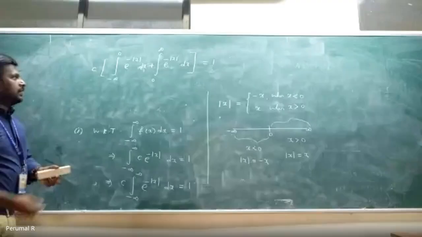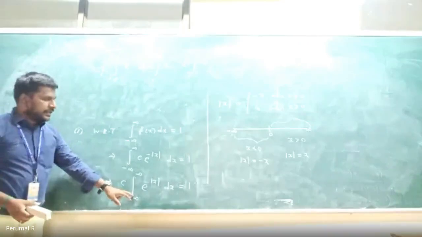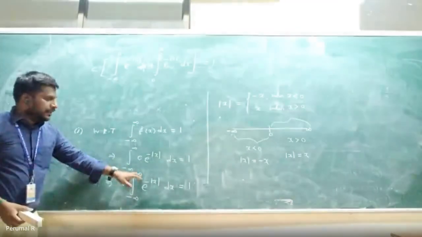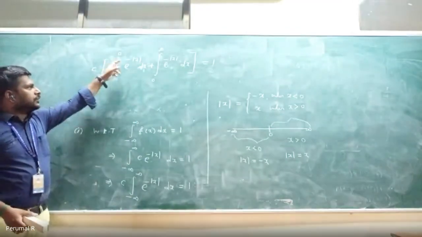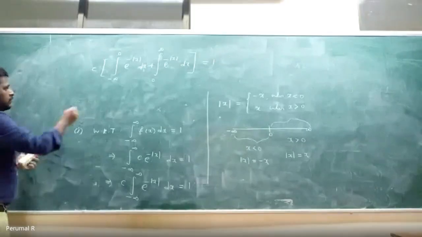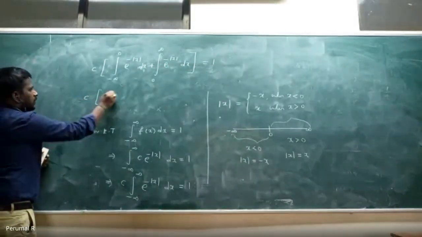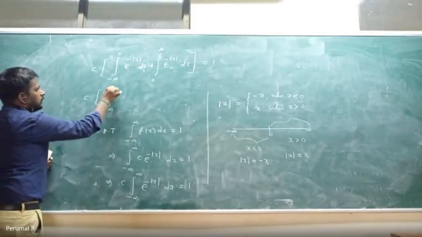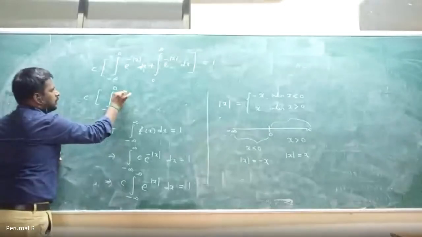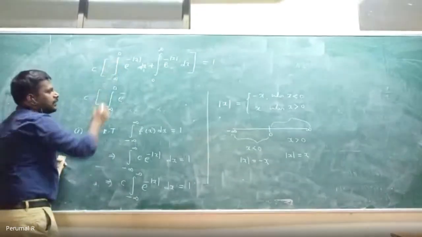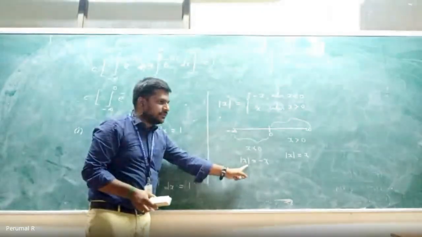So now this interval is broken into two intervals, minus infinity to 0 and 0 to infinity. In the first interval, what is your modulus x value? That becomes minus x.